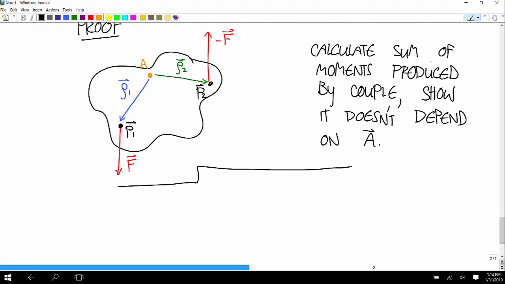Okay, we're going to think of these as two independent forces. The moment produced by this force F is going to be rho 1 cross F, right? The moment produced by this force is going to be rho 2 cross negative F. Everybody with me on that? Then we're just going to add those together and stuff's going to cancel out.